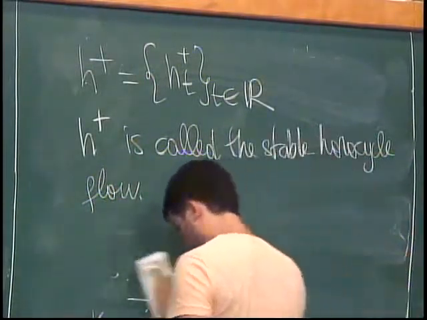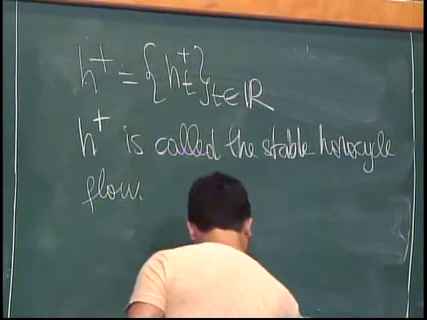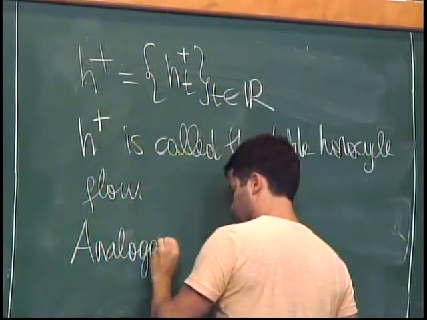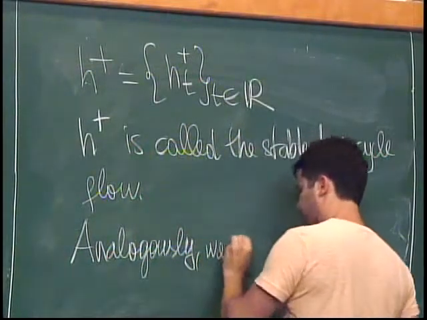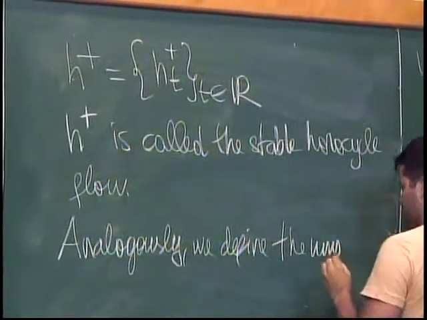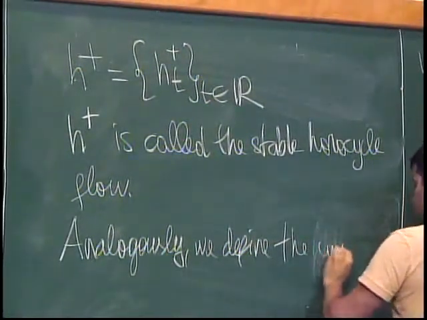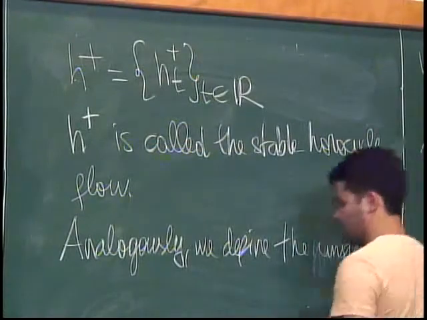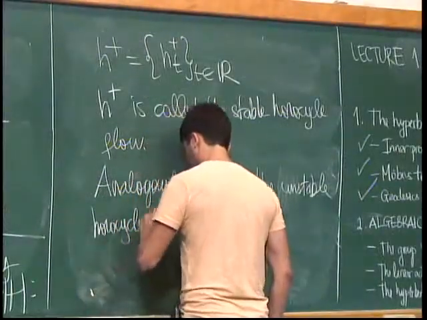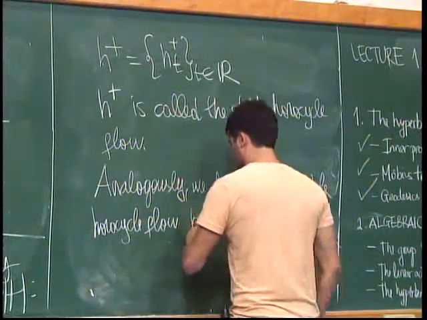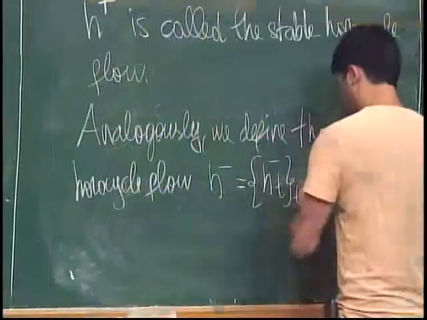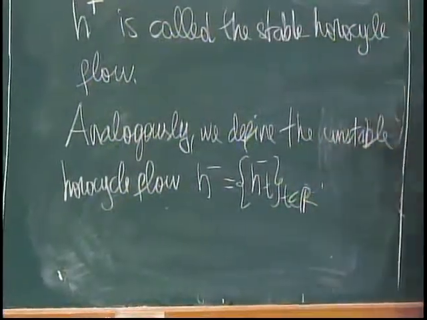Okay? And of course I can do the same for the past. Analogously, we define the unstable horocycle flow, which I'm going to denote by H minus, which is this guy.